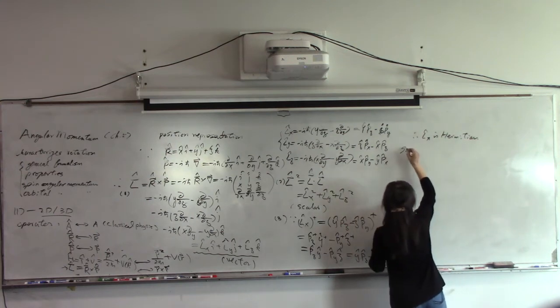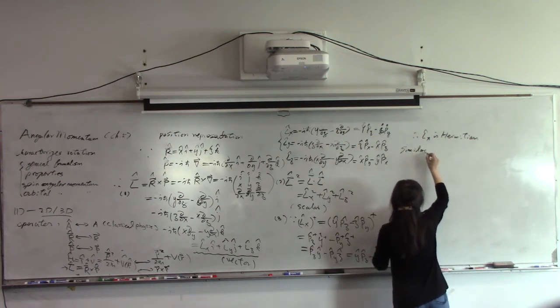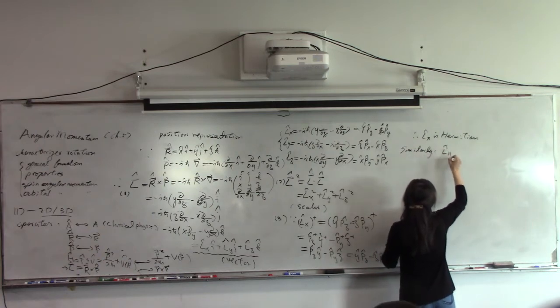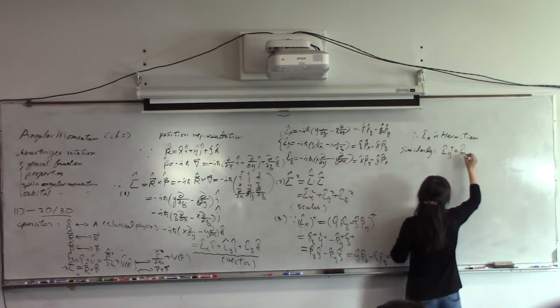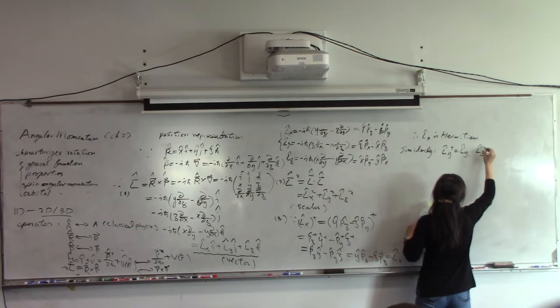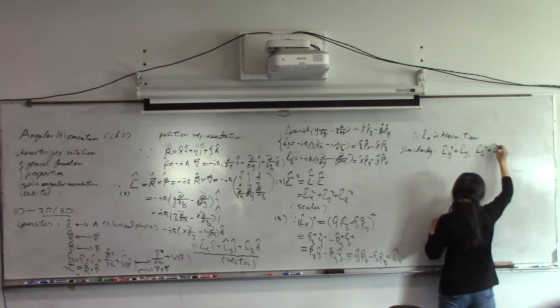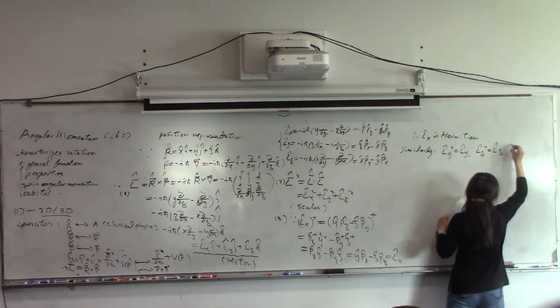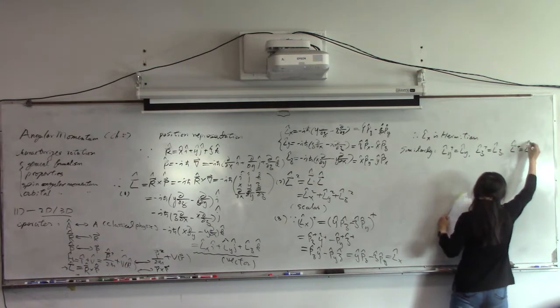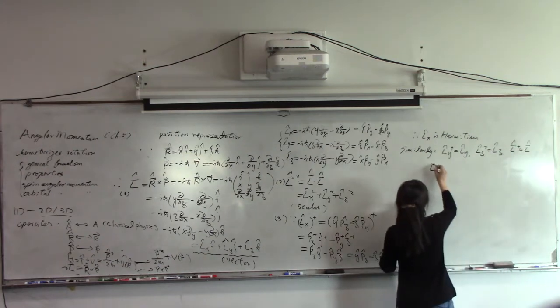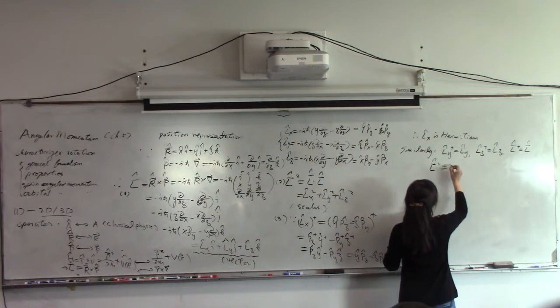Similarly Ly is Hermitian, Lz is Hermitian, and L should be Hermitian. So the components are Hermitian, and of course L squared is also Hermitian.